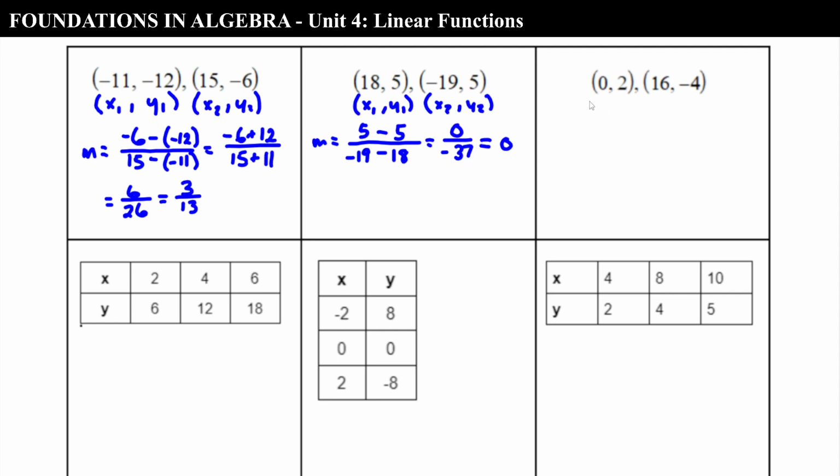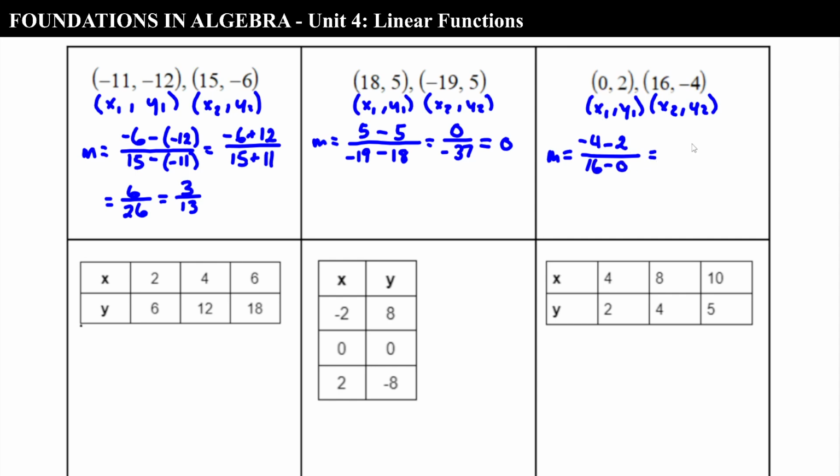Okay, one more set of points here. So we've got x1, y1, and x2, y2. So we have our slope being our horizontal division bar and our minus signs. y2 is negative 4, y1 is 2, x2 is 16, x1 is 0.